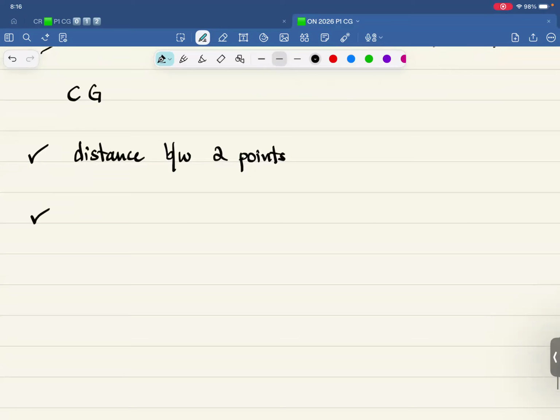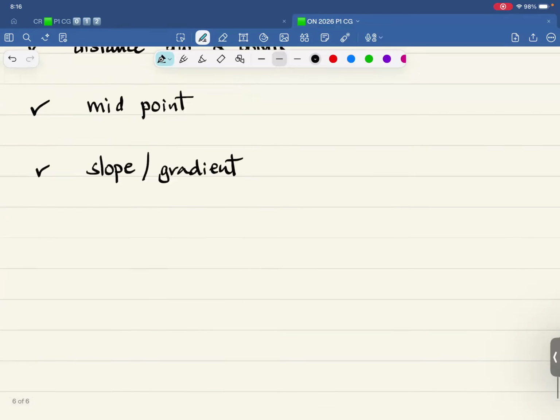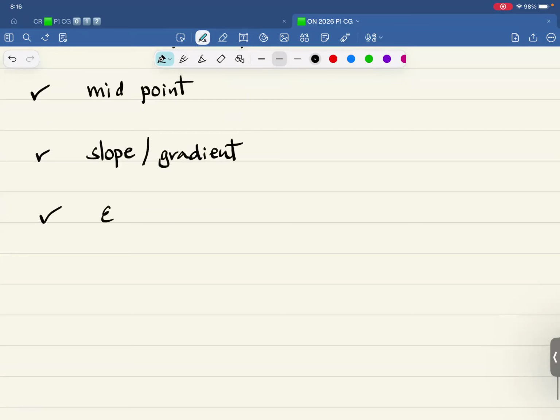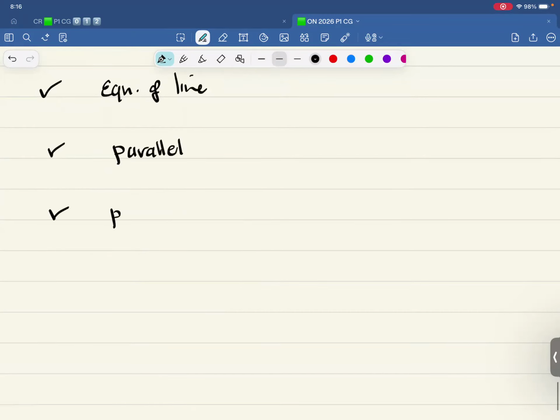We can talk about midpoint. We can talk about slope, inclination, gradient. We can talk about equation of line. We can talk about parallel lines, perpendicular lines.